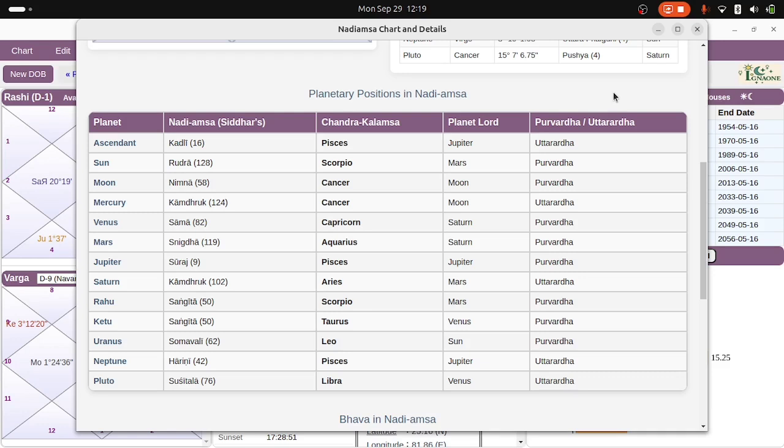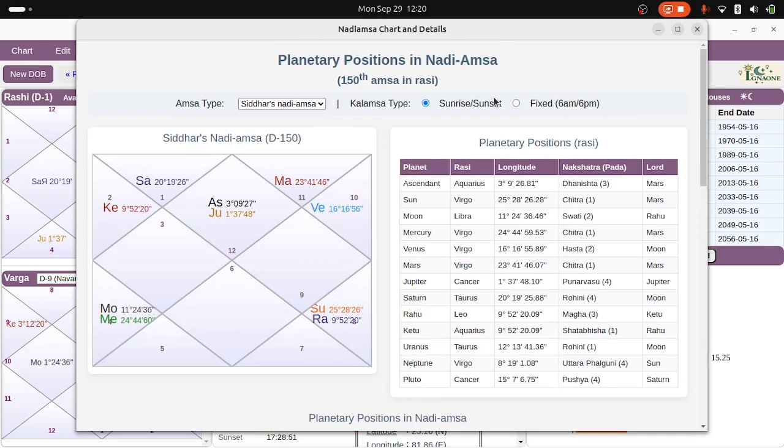Surya Kalamsha are unequal arcs, so those are not exactly 12 minutes of space. But Chandra Kalamsha, each one of them is 12 minutes of space, because he was born at 3 p.m., which is in the daytime before sunset. Sunrise and sunset are also a matter of choice.